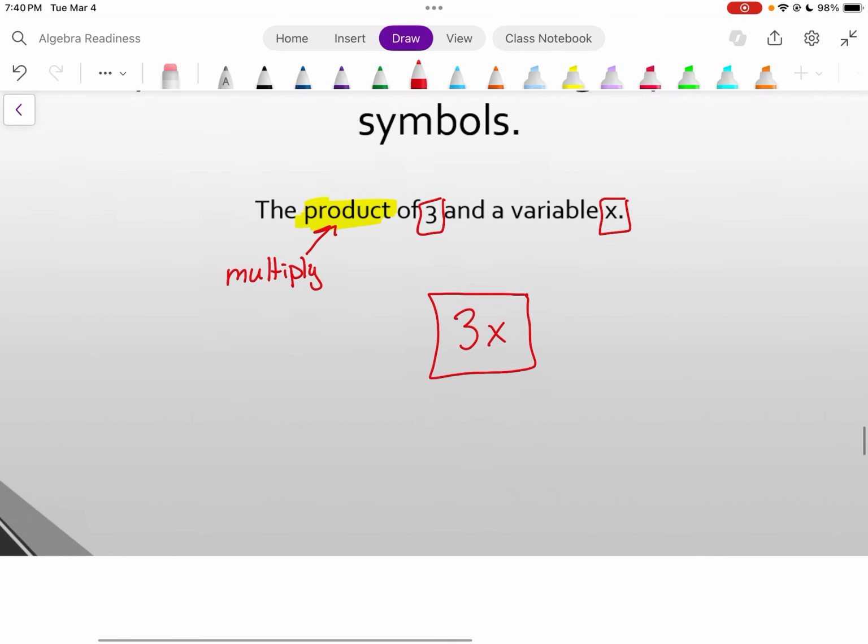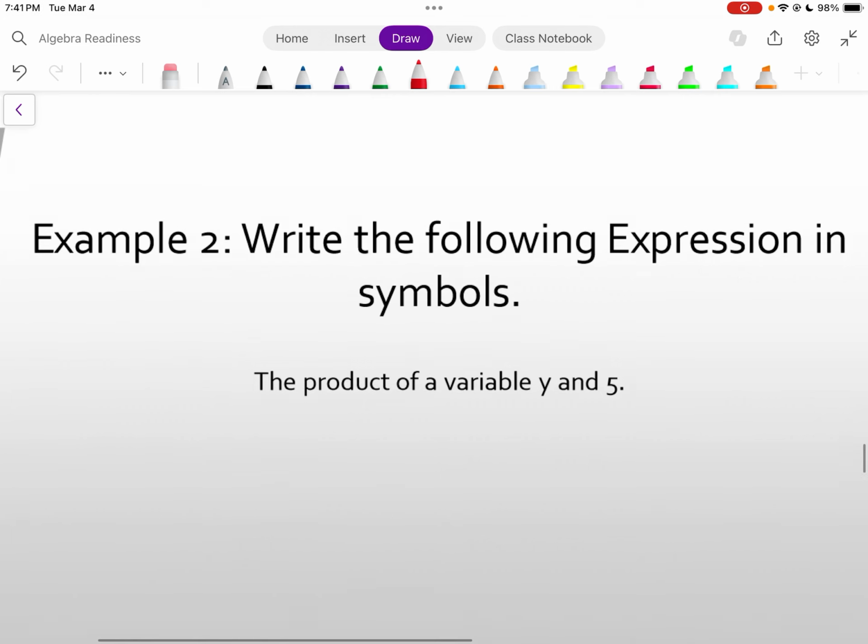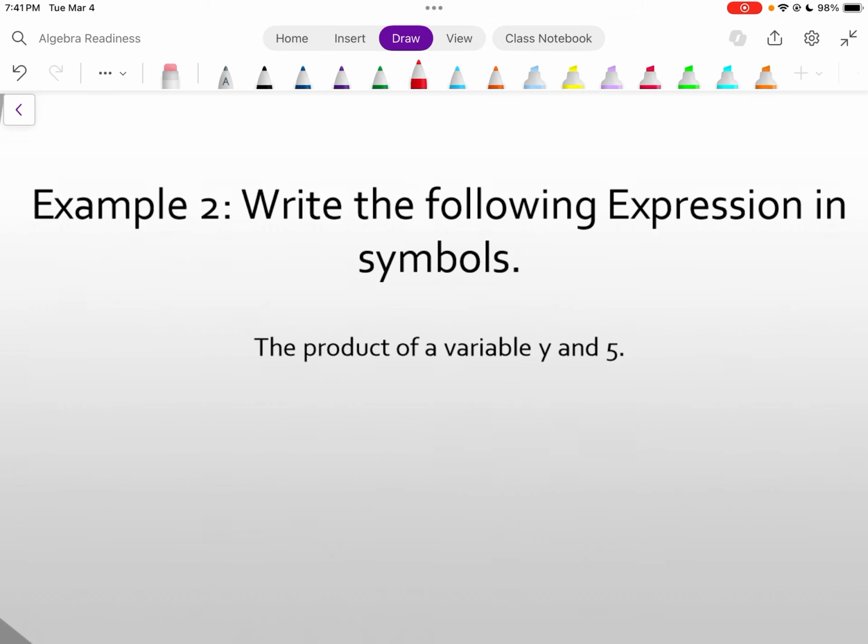Okay. So this next one, I would like you to pause and try this example on your own, and then hit play once you have your answer. All right, so hopefully now you have your answer for example 2. This one says the product of a variable y and 5. So again, I identify the word product here.